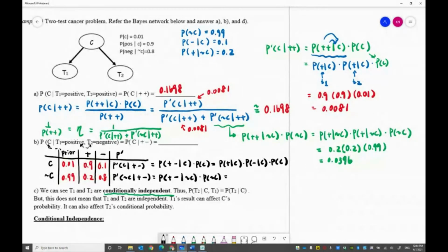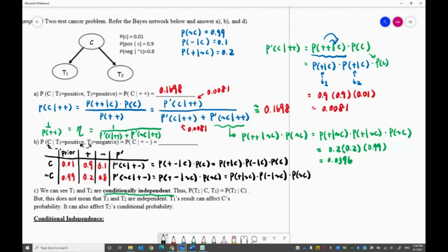Then because the two testers are conditionally independent, I can write this joint probability as probability of positive given not C times the probability of negative given not C. Then there is the probability of not C.